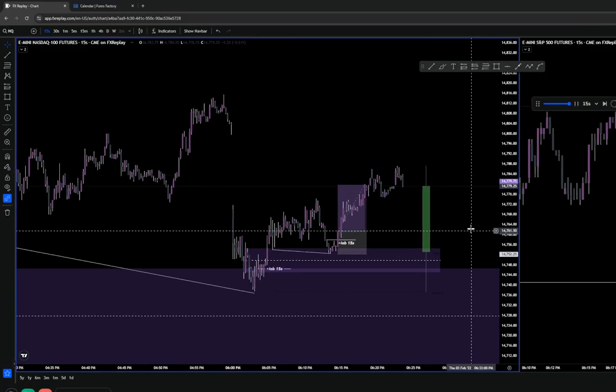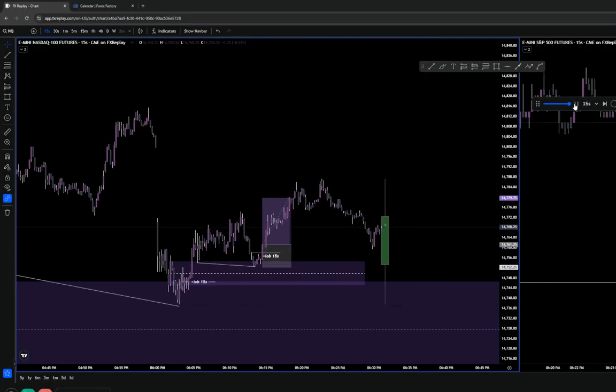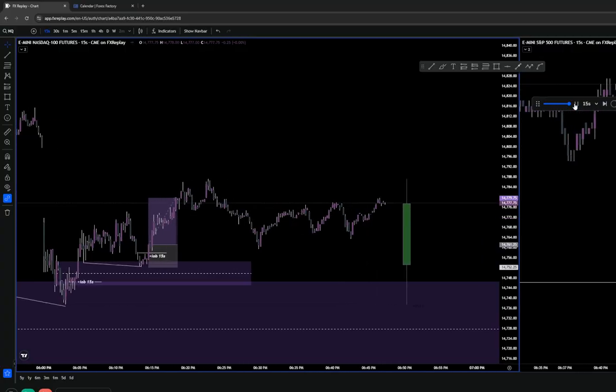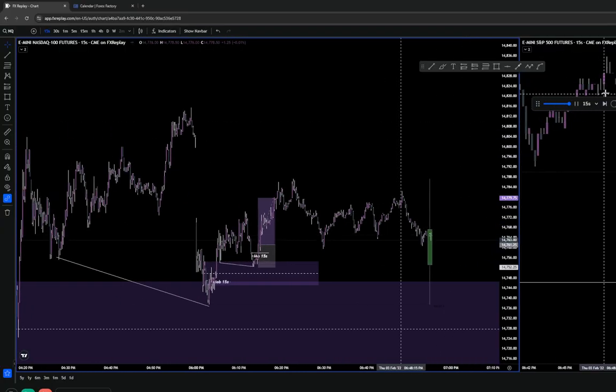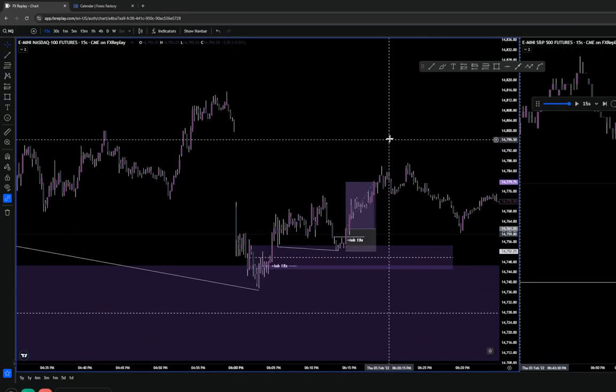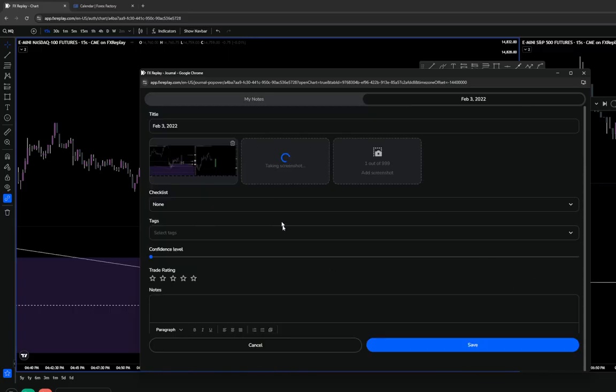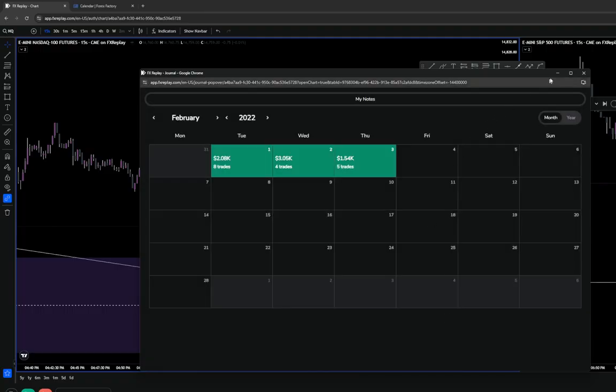We should keep pumping, but let's see. Chopping up, yeah, but got our 1 to 2. So yeah, let's throw it in the journal right here. So yeah, good.